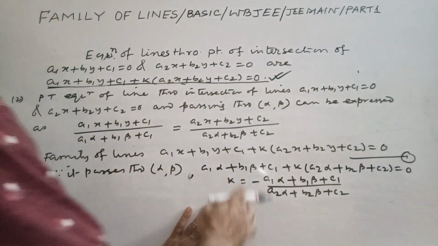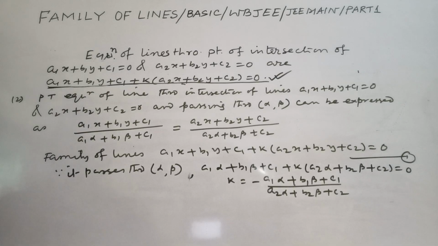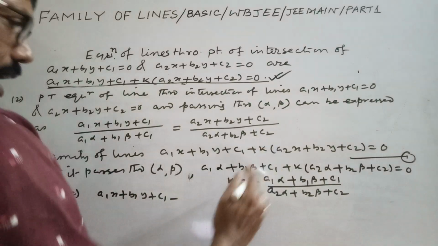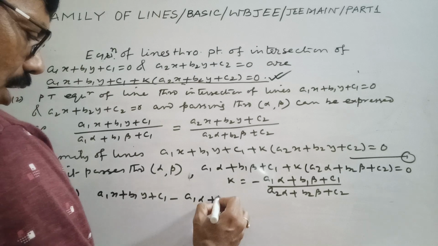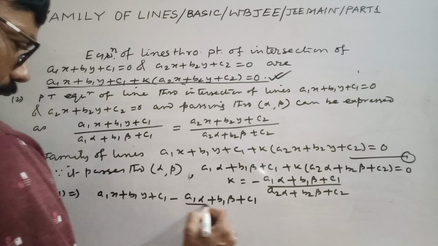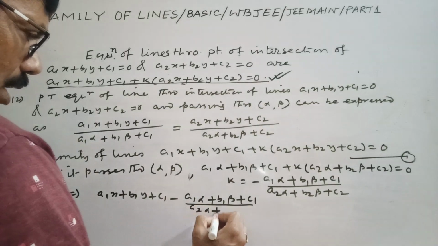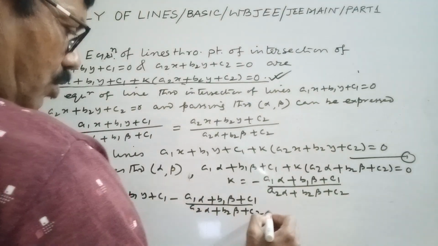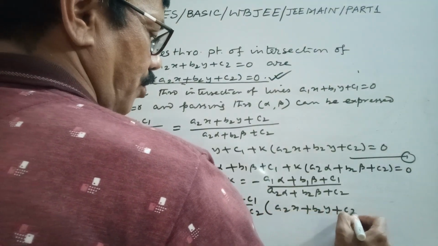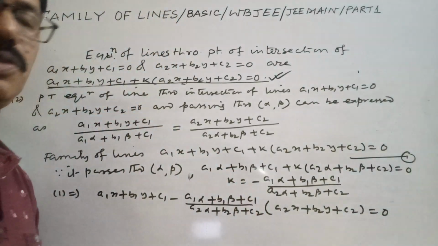Now put the value of k in this combined equation, that is in 1. So 1 implies a1x plus b1y plus c1, and k is minus (a1 alpha plus b1 beta plus c1) by (a2 alpha plus b2 beta plus c2), into (a2x plus b2y plus c2) equals 0.